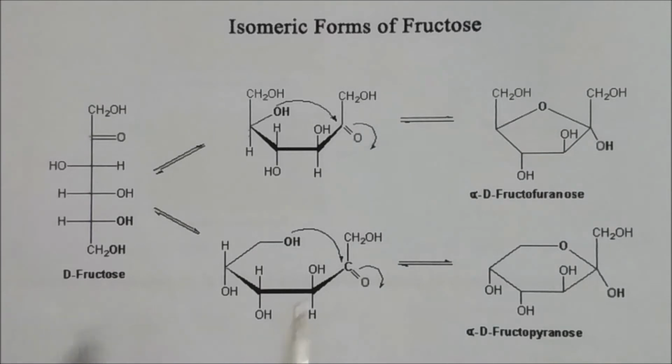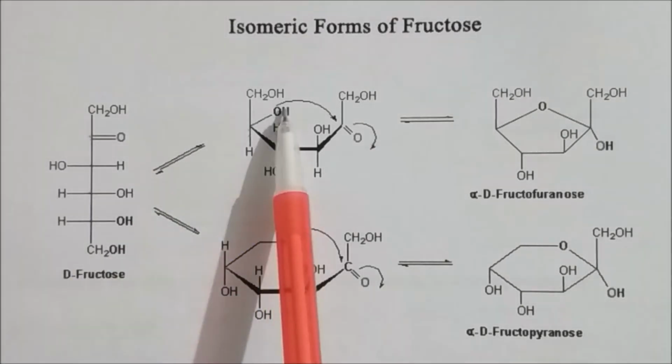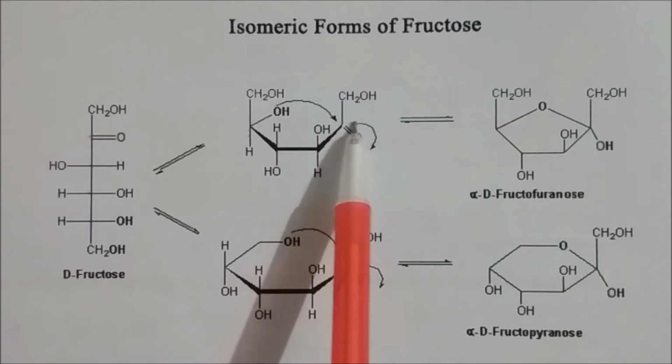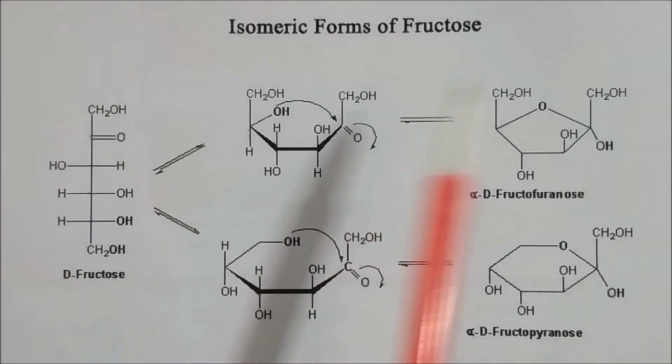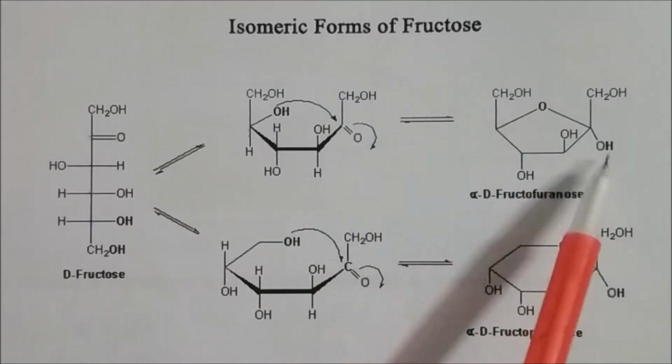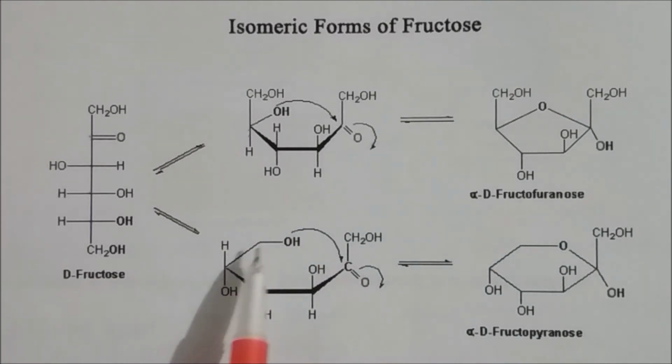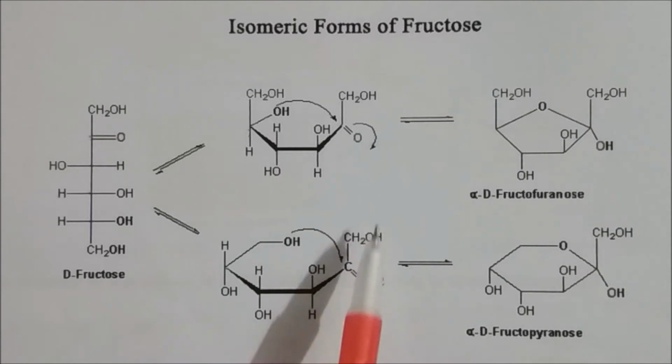Here you can see the isomeric forms of fructose. This is D fructose, and you can see how the lone pair of oxygen on the fifth carbon goes towards the carbonyl carbon, going up, with hydrogen shifting here. You will get alpha D fructofuranose. Similarly, this is alpha D fructopyranose, where the OH is again attacking this carbon, going up, and you will get this structure.